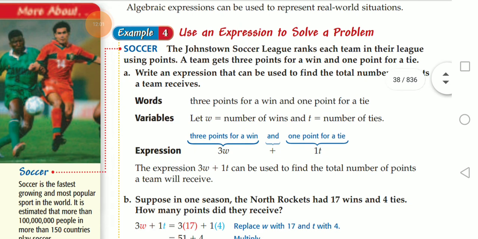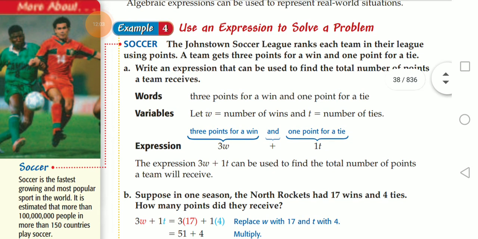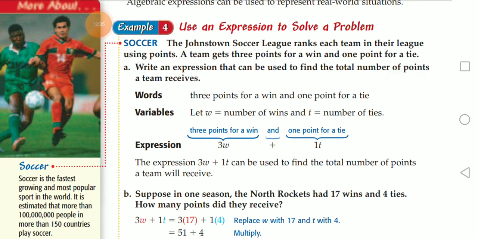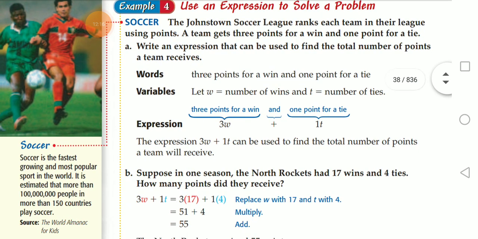Use an expression to solve a problem. Soccer: the Johnstone Soccer League ranks each team in their league using points. The team gets 3 points for a win and 1 point for a tie. Write an expression that can be used to find the total number of points a team receives.